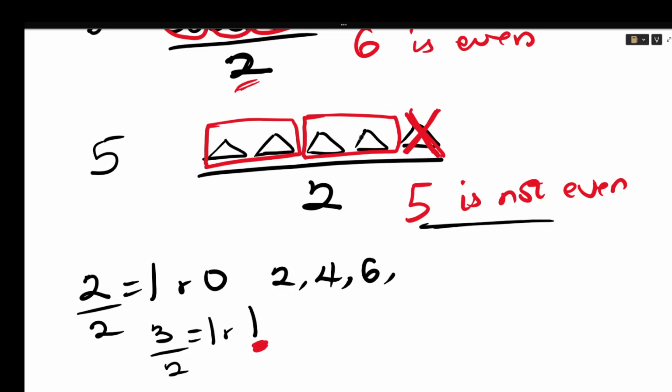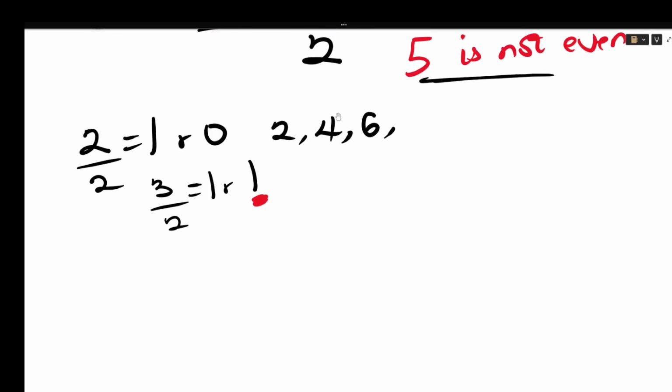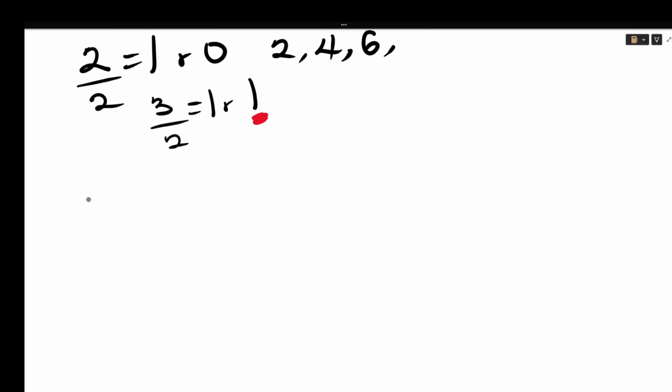Now if you look at the pattern, you could see that even numbers begin from 2 and they increase by 2. So that means 2 plus 2 should give me the next even number, which is 4. Plus 2 should give me the next even number, which is 6. Plus 2 should give me the next, which is 8.